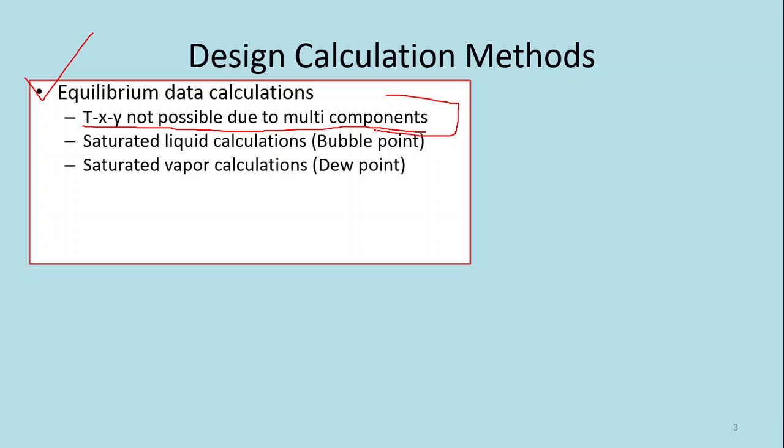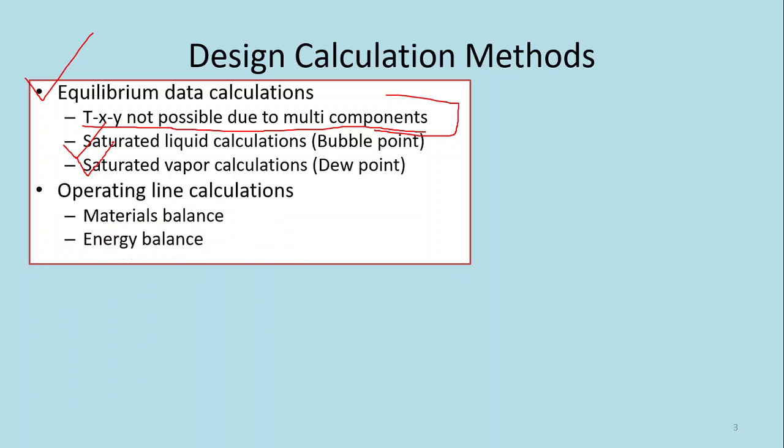So we cannot draw multi-component distillation data as TXY in the XY graph. So how can we get the information? We can get the information from saturated liquid calculations and saturated vapor calculations.